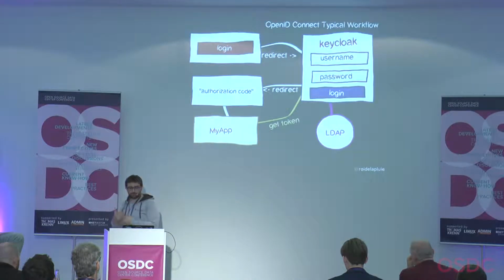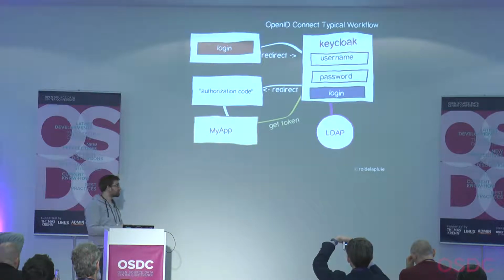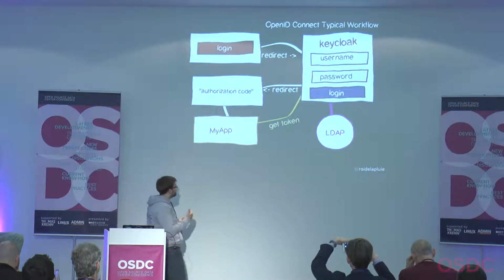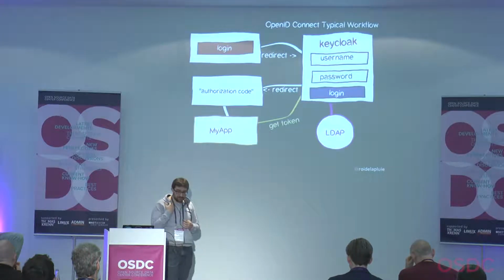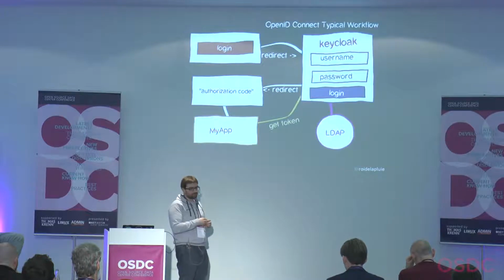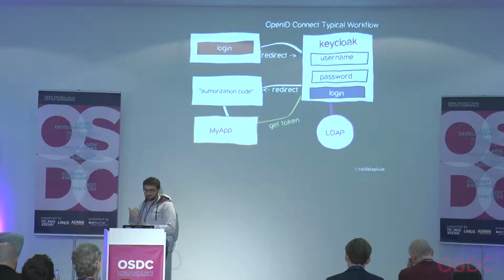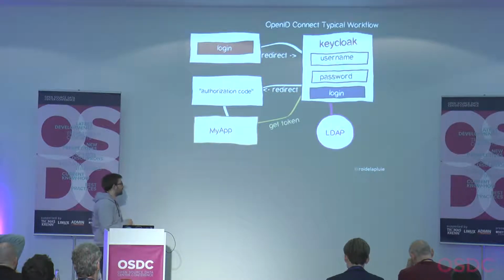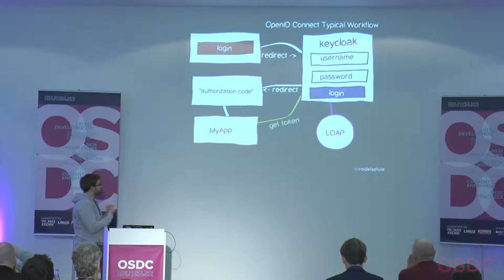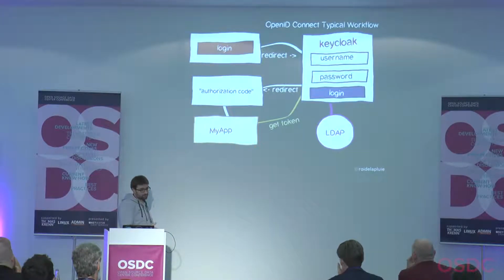So I never provided my password to the first application, and the first application trusts the Keycloak server to know who I am, because I have the token. That authorization code is very short-lived, so if it gets stolen on the way, you will probably not be able to use it. So now the application knows who I am and what I can do, and because the token is signed, it also knows that this is the reality.